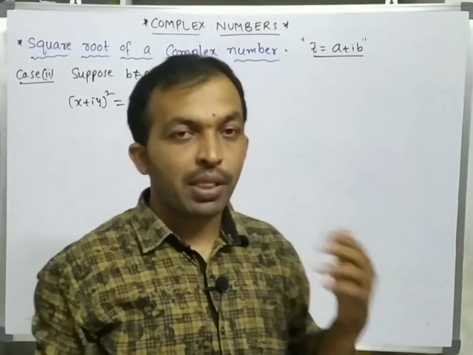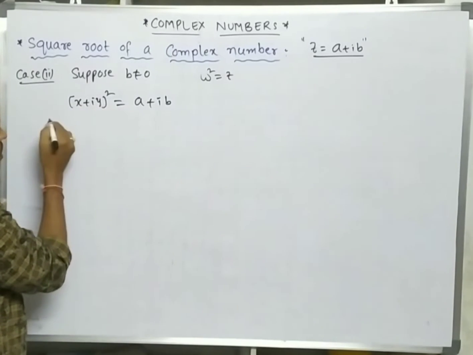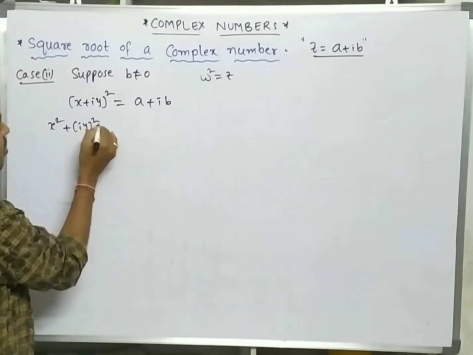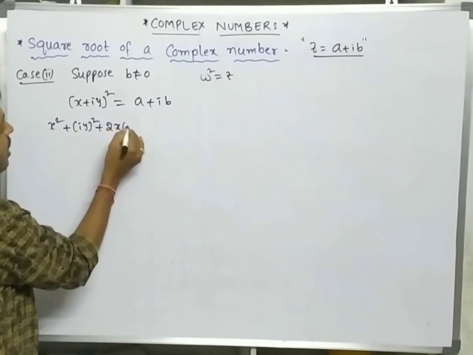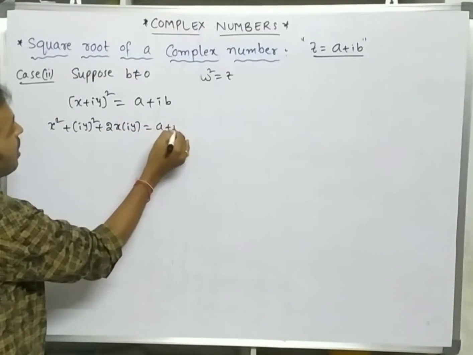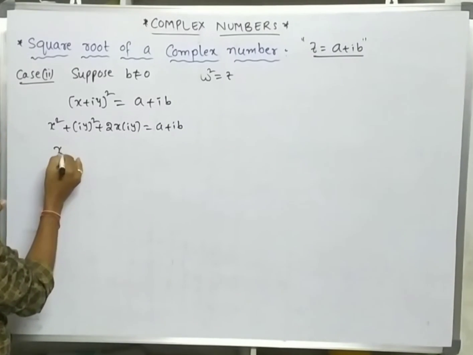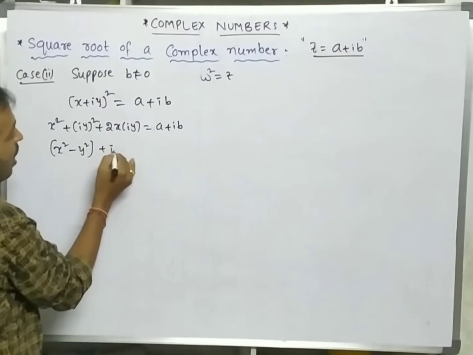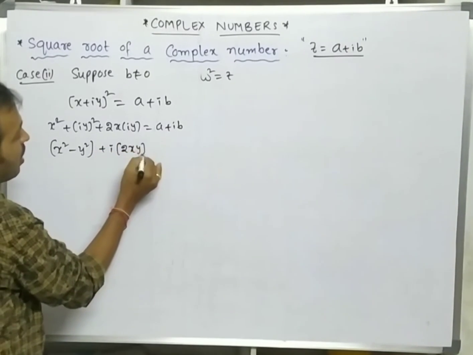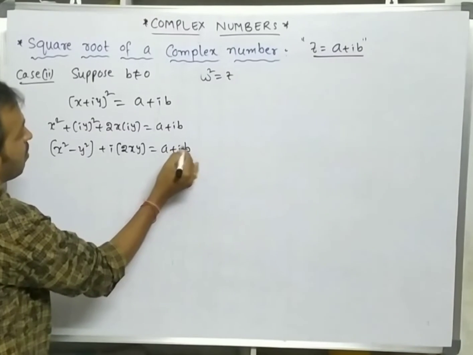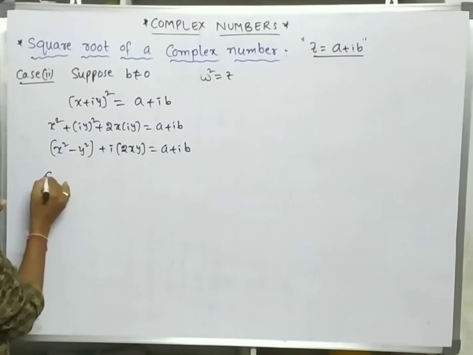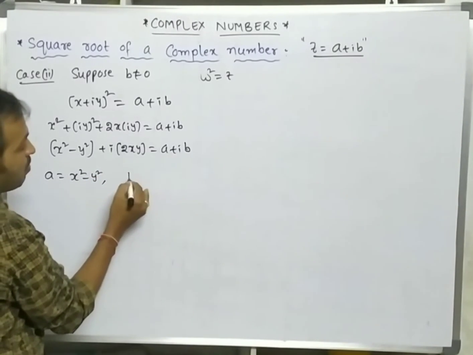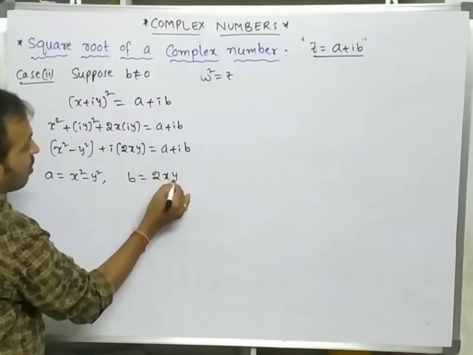Now squaring, we will get x square plus iy whole square plus 2 into x into iy is equal to a plus ib. Then x square, i square is minus 1, that is minus y square, plus i into 2xy is equal to a plus ib. Now comparing on both sides, we will get a is equal to x square minus y square, and b is equal to 2xy.